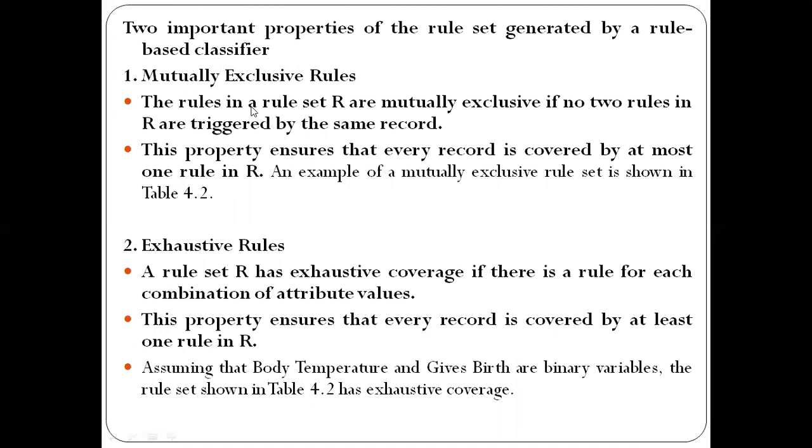It means that every record is covered by exactly one rule. If we satisfy this property, then we will not have any ambiguity. That is going to happen only if we define mutually exclusive rules.